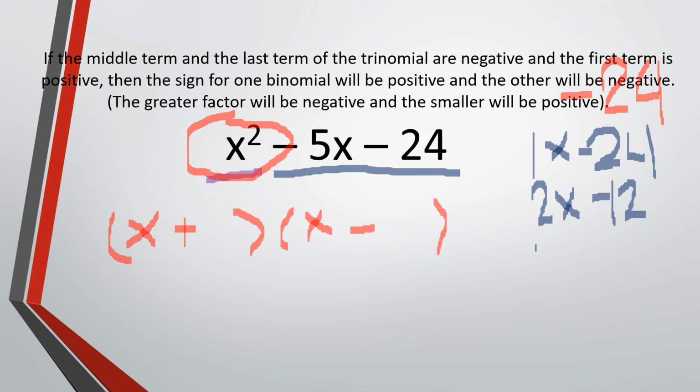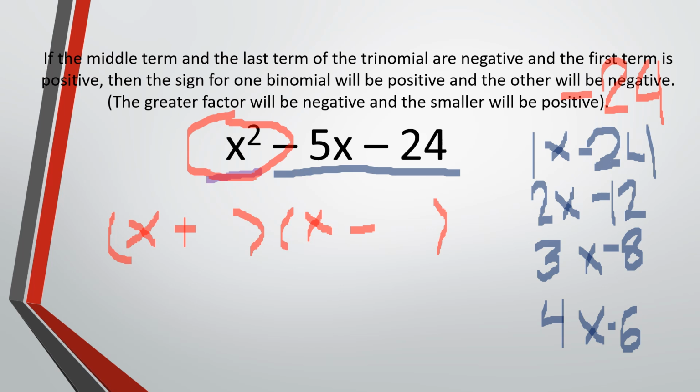Next, we have 3 and 8. The bigger number is 8, therefore this is negative. Okay, we have 4 and 6. The bigger number is 6, therefore this is negative. We also have 6 and 4, 8 and 3, 12 and 2, 24 and 1, but make sure the bigger number is negative.